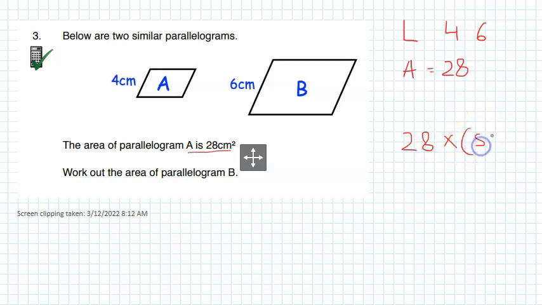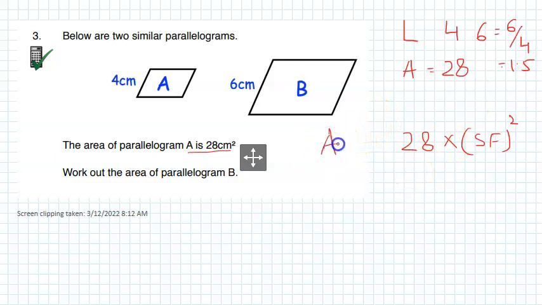Now what do we have to do? We have to find the scaling factor, and we square it. As I told you, for the scaling factor, 6 divided by 4, that is 3 over 2, or you can write 1.5.